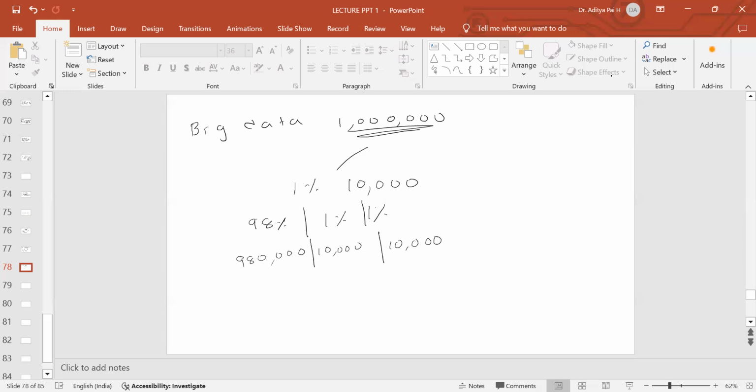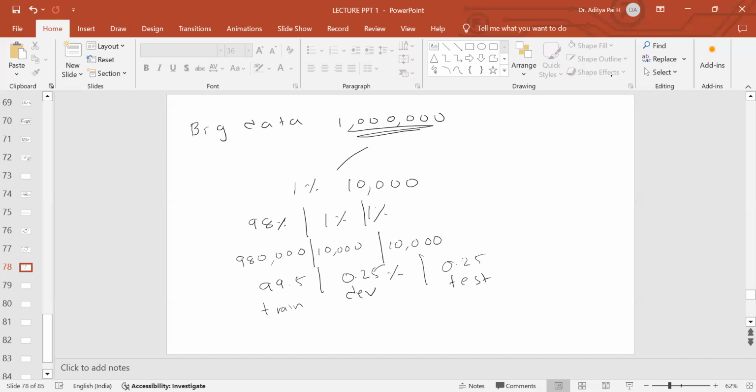Even in case of millions, if you want more data in training, you can keep it at 99.5%, with 0.25% for development and 0.25% for testing. So this is nothing but train, dev, and test.